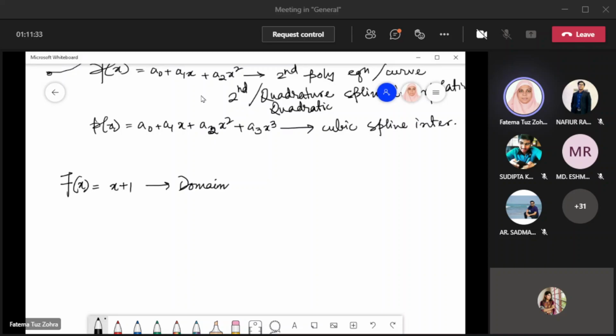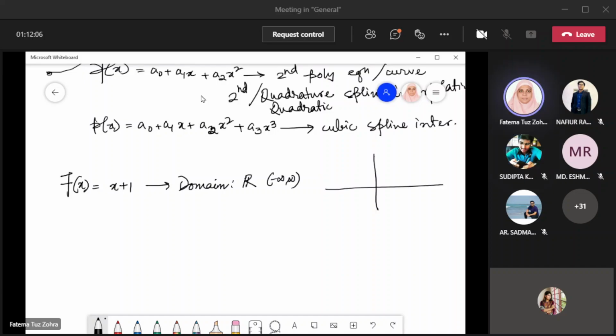What does domain mean? You have studied it in Math 1. The domain is the values of x for which you get a valid value of y. Whatever value of x I put here, I will get a valid value of f(x). So for this one, the domain is all real numbers, that means minus infinity to plus infinity.